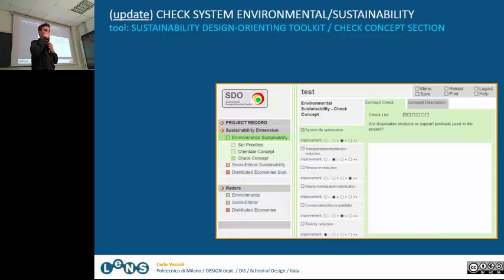You can even use life cycle assessment cases, but again, I'm saying it could be quite costly. So you can still use qualitative tools, and you can still use the SDO. So the point is, you update the environmental assessment and evaluation you made, and you update the socio-ethical assessment.